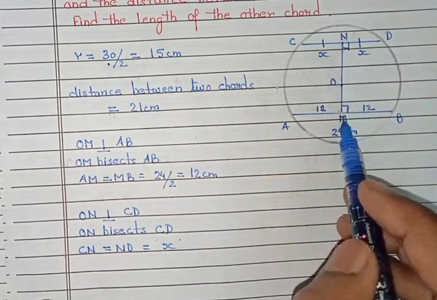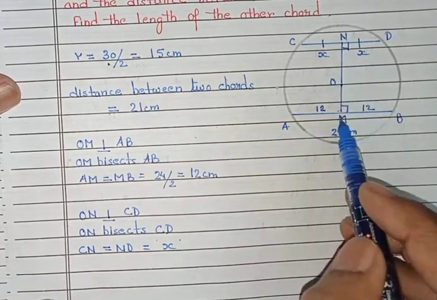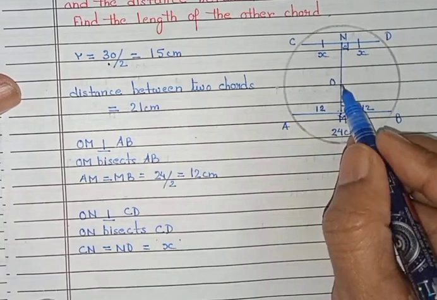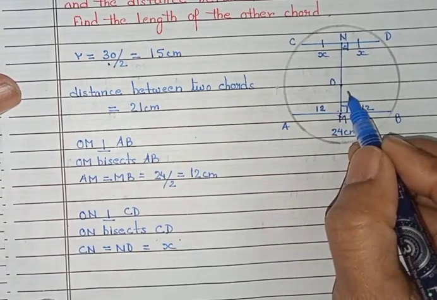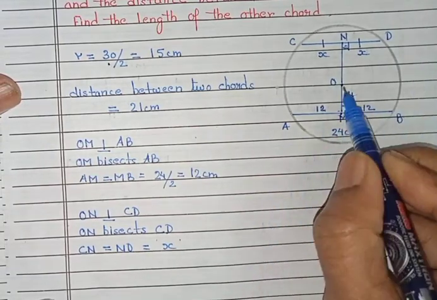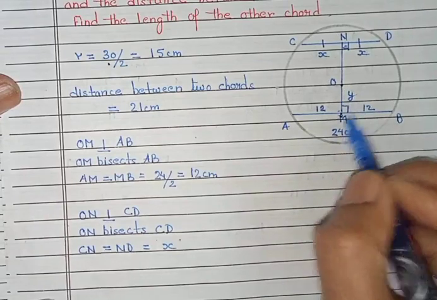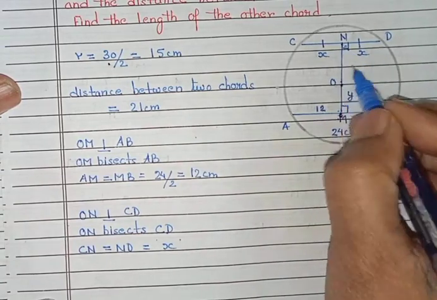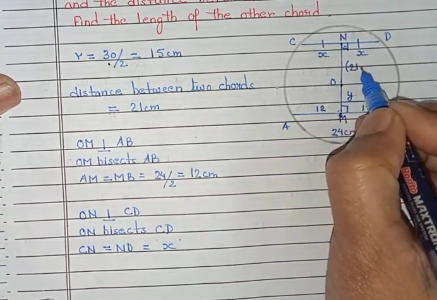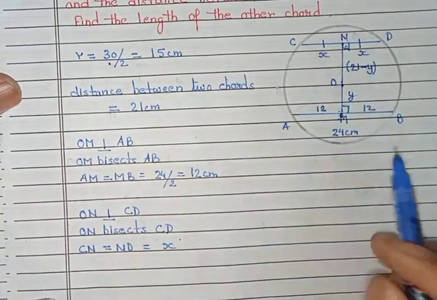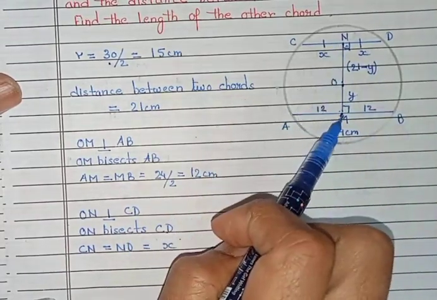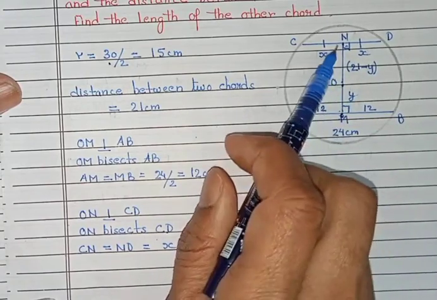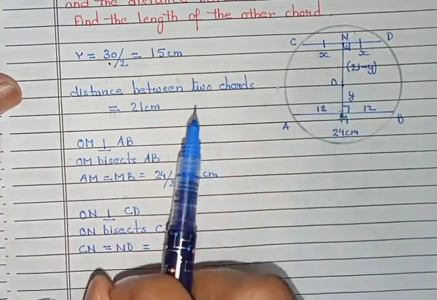This distance MN is given as 21. So what we can do, we can consider this distance OM as Y. Let OM be considered as Y. The total distance is 21. So ON will be 21 minus Y. See, total distance is 21. Out of 21, if we consider this portion as Y, so the remaining will be 21 minus Y.